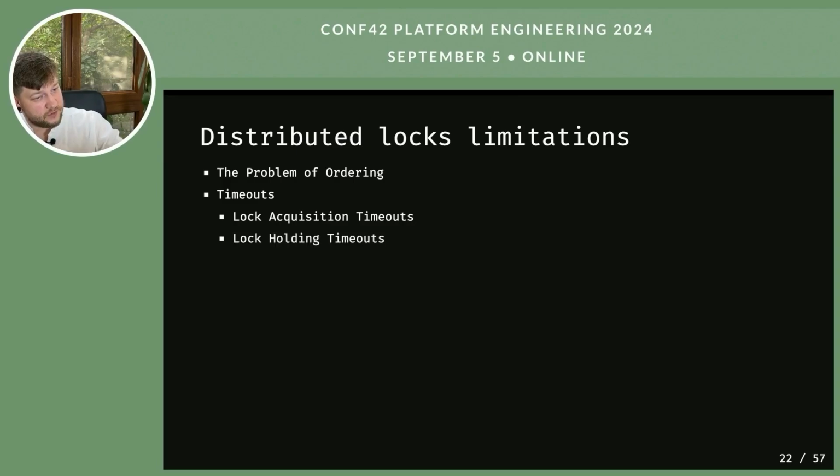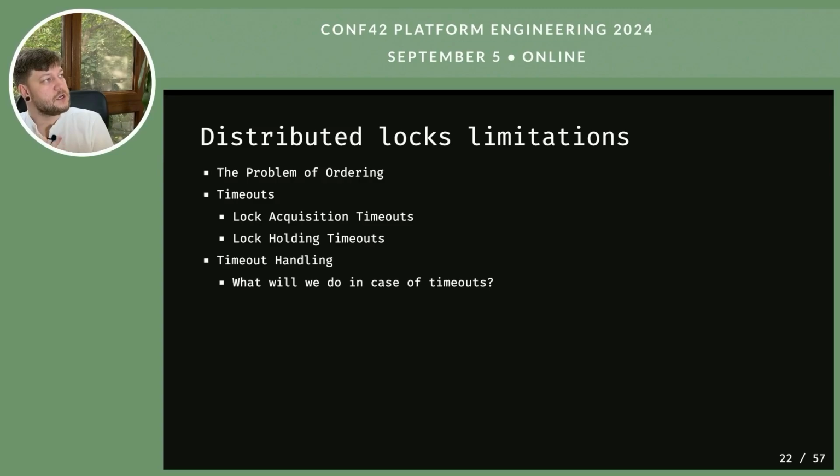The second point is how to manage this timeout when we already acquired the lock. Let's imagine we've spent 3 seconds waiting for a lock, and now we should limit the time when we run the actual backend logic, right? So we should respect acquisition timeouts, we should respect holding timeouts, and we should understand how to work with them.